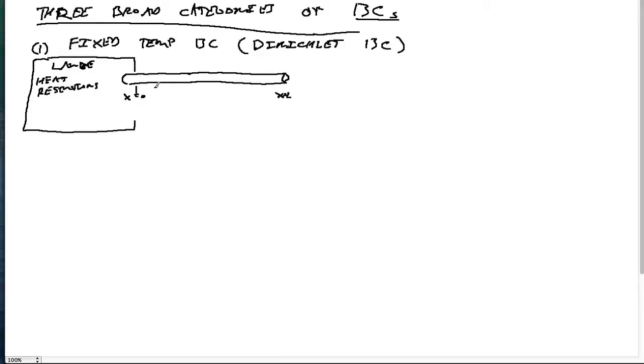Think of it as so large. We can literally say that this is U0 of t on this side, the temperature in this very large heat reservoir on the left, and UL of t on the right.